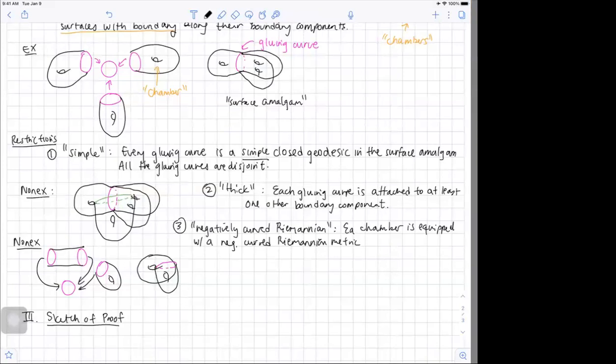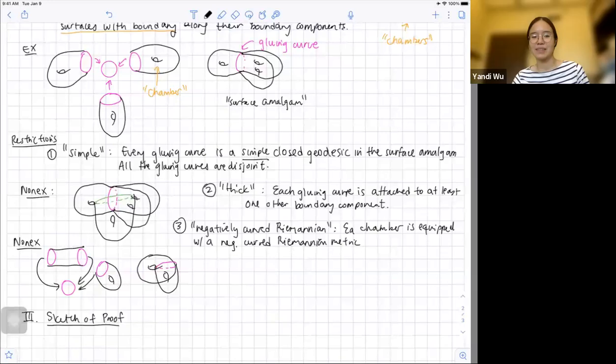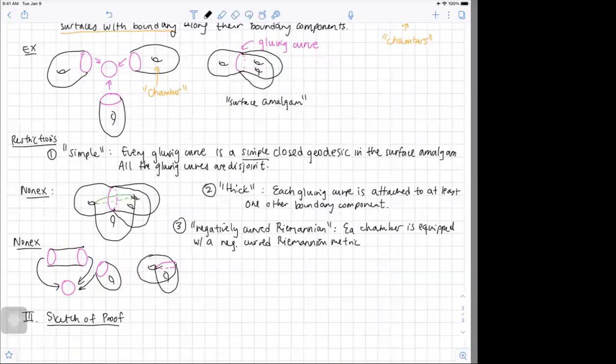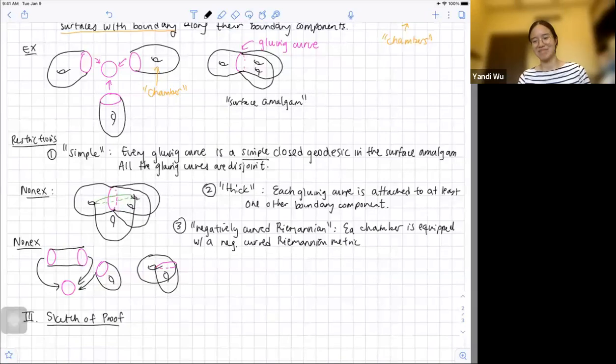I think the point is that you want the two end circles to have the same length. Otherwise, you cannot glue as you require. Is that what you have in mind? You definitely want the two circles to be the same length, but then you cannot have a negative curve. Okay. Yeah, sorry, Michelle. I kind of just assumed you couldn't put one on there.